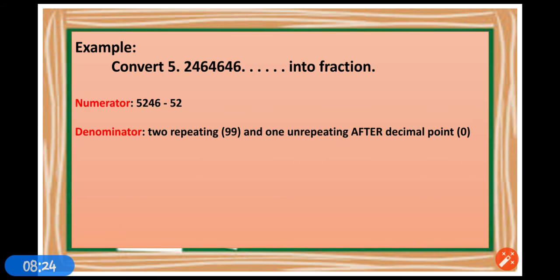Next one is, since we have two repeating digits, 46, that's 2 nines or 99, and then you only have one unrepeating digit after your decimal point, that's 2. So that's equivalent to 1 zero.